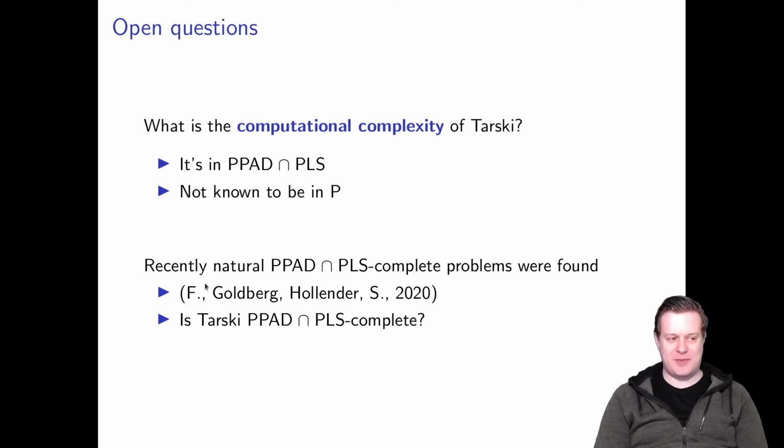That was shown by myself, Paul Goldberg, Alexandros Hollender, and Rahul Savani, also on this paper. So this complexity class has complete problems, and perhaps Tarski, which lies in both of them, could be another such example of a PPAD intersect PLS complete problem. So that is future work, for finding the computational complexity of the Tarski problem.